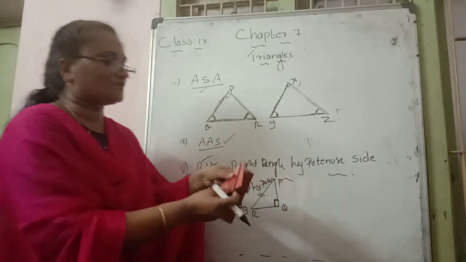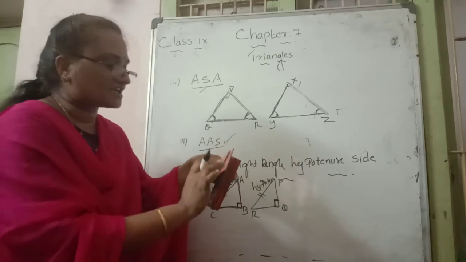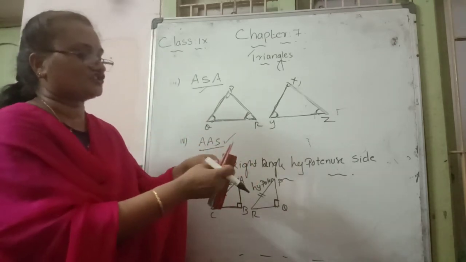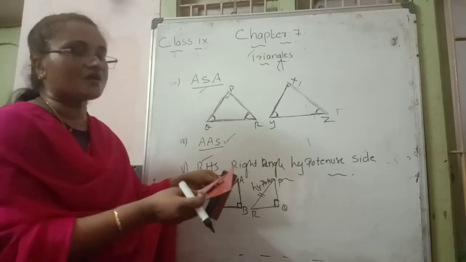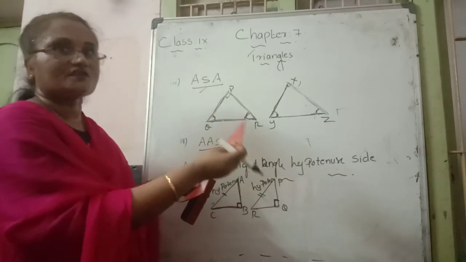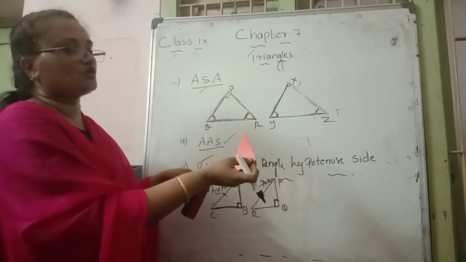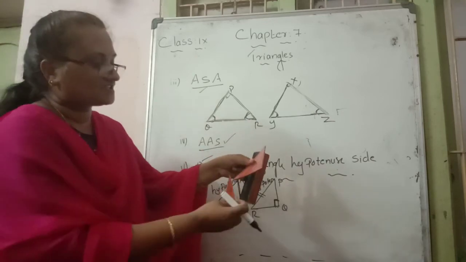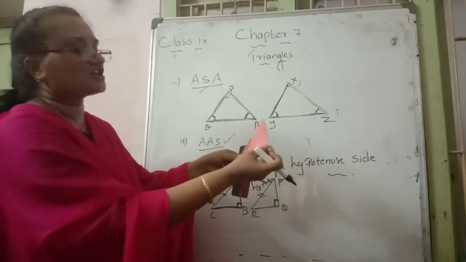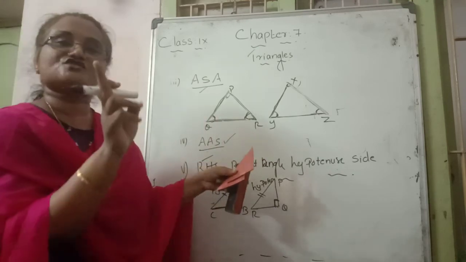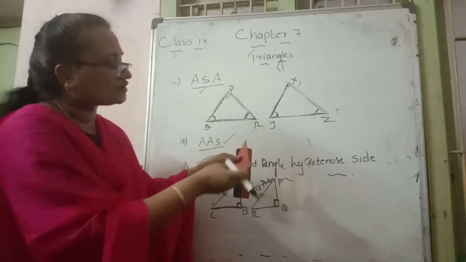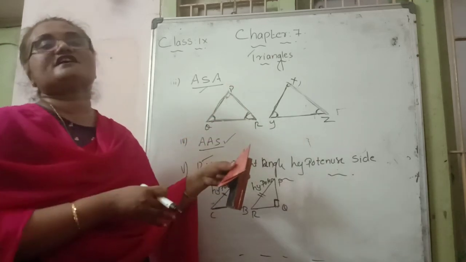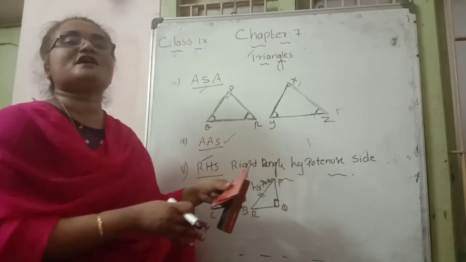Once again, RHS property means a right angled triangle where the hypotenuse and any one side of the first triangle are equal to the corresponding hypotenuse and side. Suppose in the first triangle the base side is taken, then in the second triangle also the base only is considered. Suppose in the first triangle the altitude side is considered, then in the second triangle also the altitude side only, not the base side. Only the corresponding part is taken.